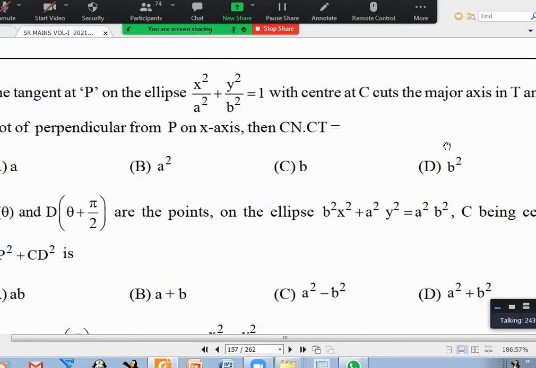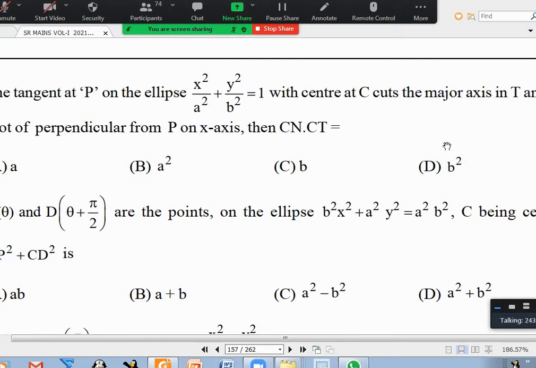Take an ellipse and a point on that ellipse P as a cos theta comma b sin theta, sir. Then if we draw the tangent to that, it will meet the major axis at a point, which let us take as x1 comma 0. By doing S1 equals 0, you can find the equation of the tangent.